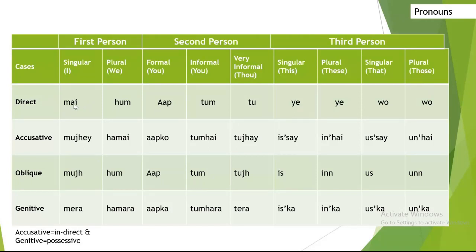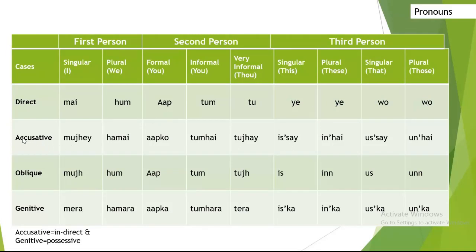Let's repeat the Urdu words, the romanized Urdu words, for the sake of pronunciation. So I'll go across the line here. I'll start with direct: मैं, हम, आप, तुम, तू, ये, वो.